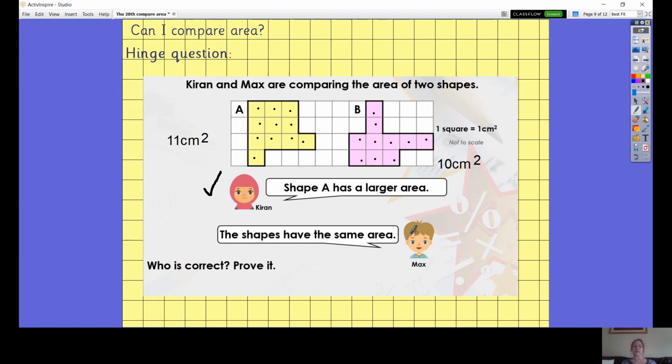And then Max is saying the shapes have the same area. I don't think that's right, because this one's got 11 centimetres squared and this one has 10 centimetres squared.